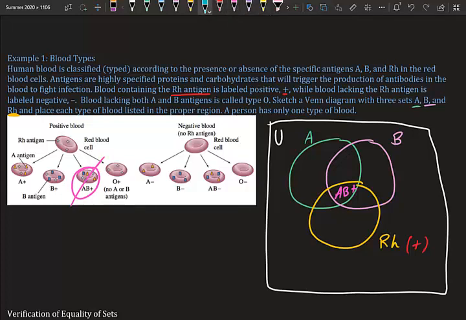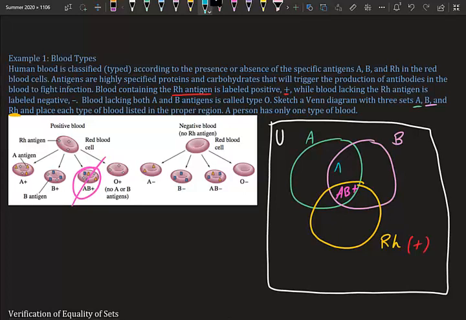So now we start working on the outside. Let's go up here on top. This is where A and B meet. But is this AB anywhere near the plus? It's not in the Rh, right? It's not in the orange bubble. So this is AB negative. All right, let's just keep going.